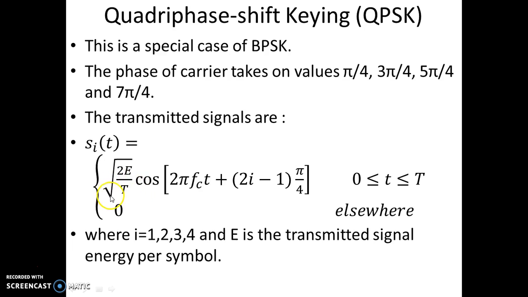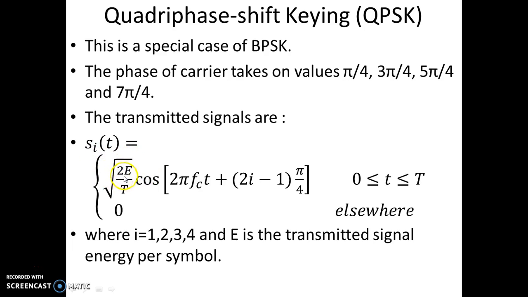In BPSK or BFSK, I had named it as EB and TB, where EB stands for energy per bit and TB was the bit duration. Here we are grouping 2 bits, so those 2 bits are one symbol here.